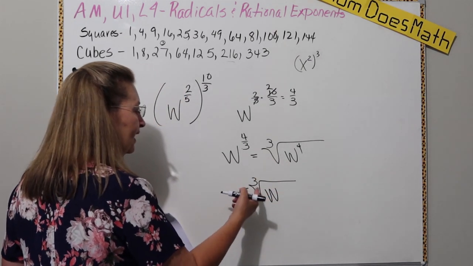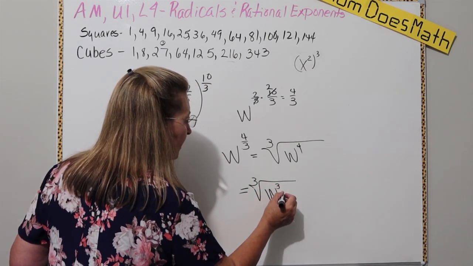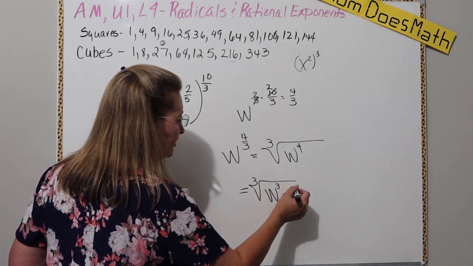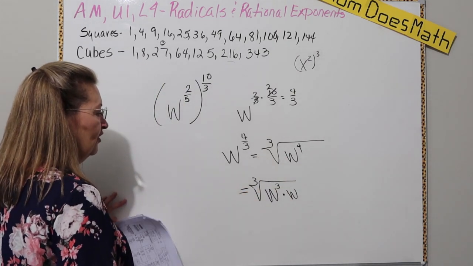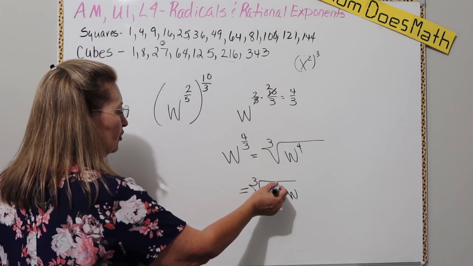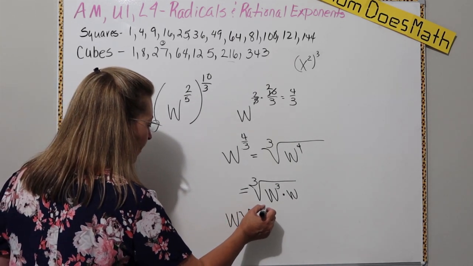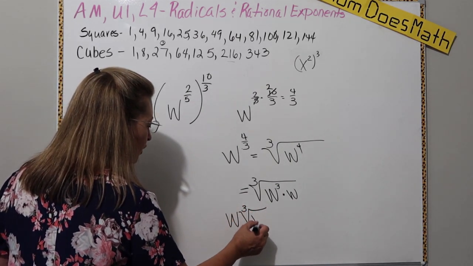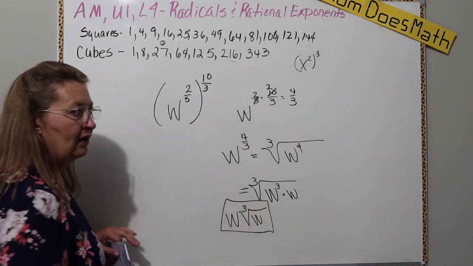I'm going to back it down to the closest multiple of 3, which is 3, and then subtract the exponents. 4 minus 3 gives me w to the 1st. Now, the cube root of w to the 3rd is w. And what do I have left over? The cube root of w.